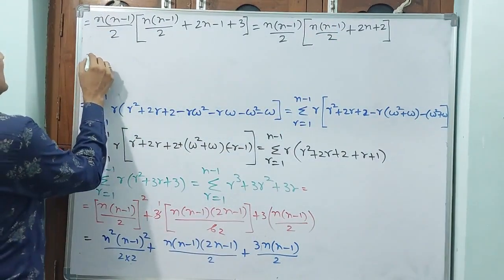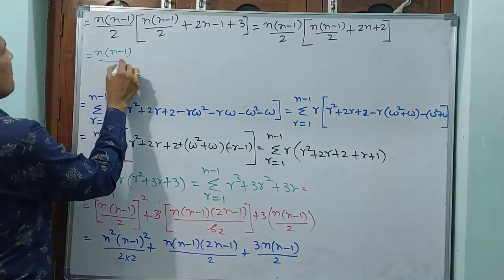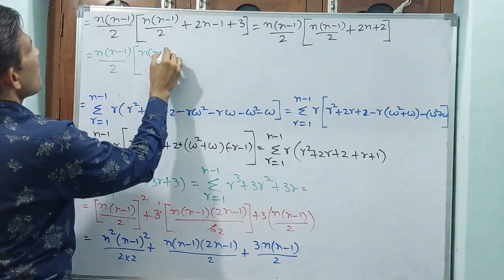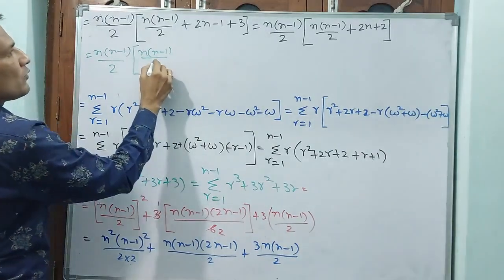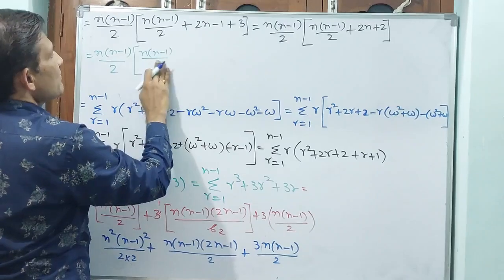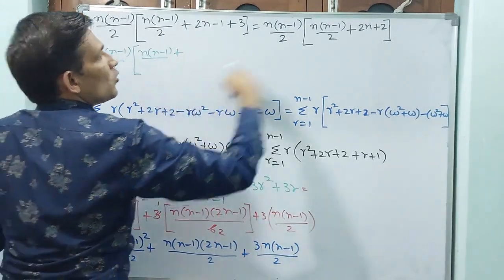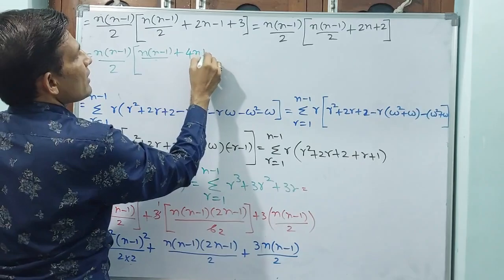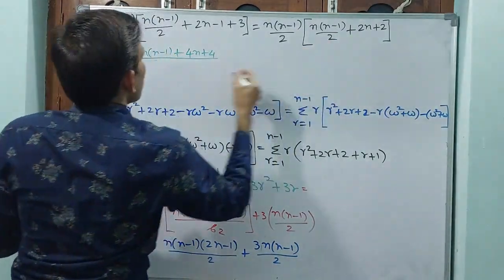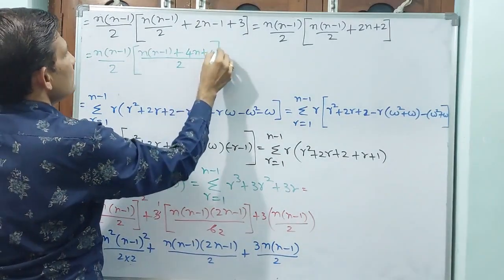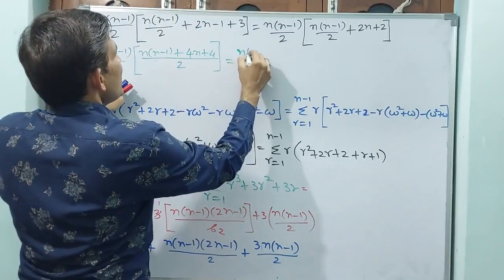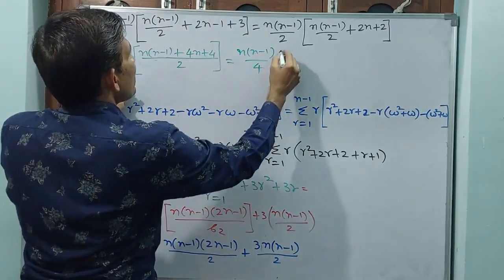If you cross multiply, n into n minus 1 by 2 only will be there this side, plus, cross multiplication we are doing, plus 2 times, that means 4n plus 4, 2 into 2 is 4, 4n plus 4 divided by 2. These two you take common, n into n minus 1 by 4.